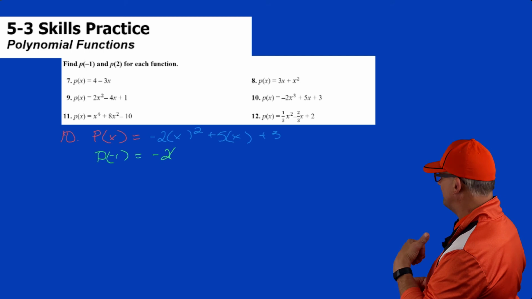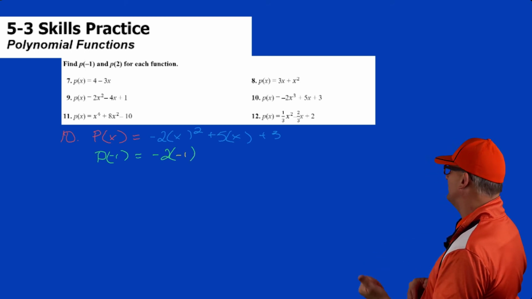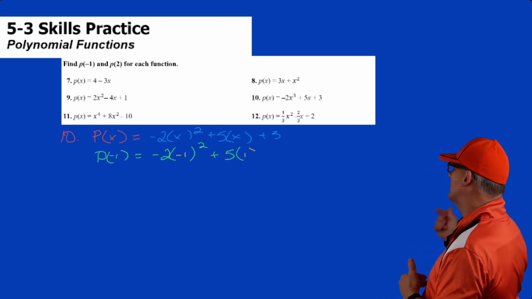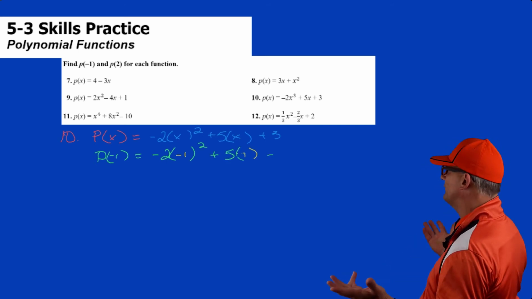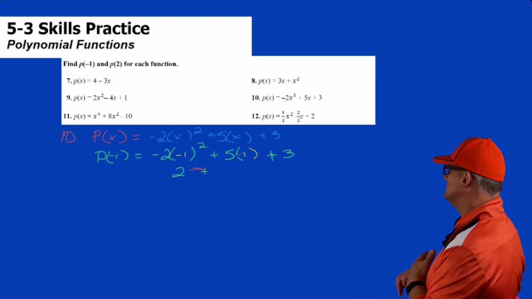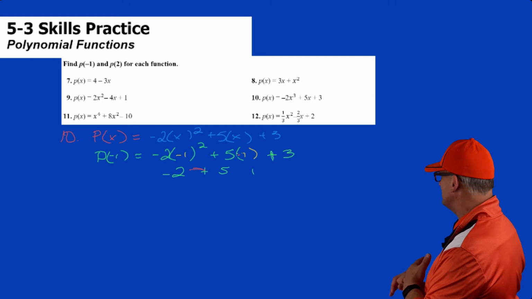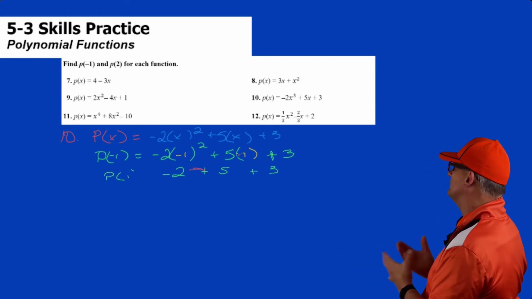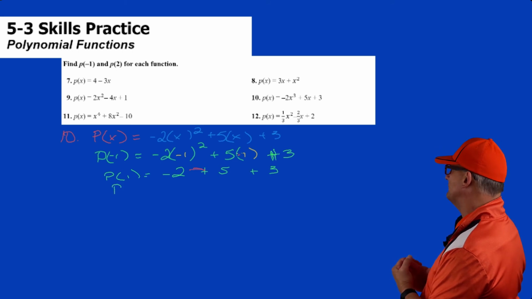Negative 1 cubed is a negative 1, times negative 2 is positive 2. Okay, then we have negative 1 times 5, that's negative 5, right? Plus 3. Now we just combine. So we have what? Positive 2, minus 5 plus 3. Well, how about 0, right? So P of negative 1 is 0.